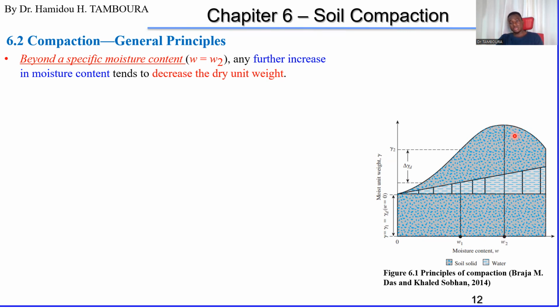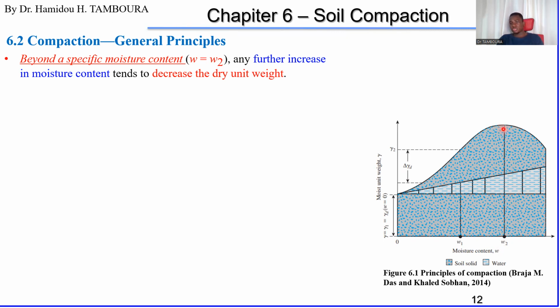Maybe you understand. Maybe I can use it without any problem. So if you don't reach the optimum amount of water, you will not have a good degree of compaction. It will not be near 100%.